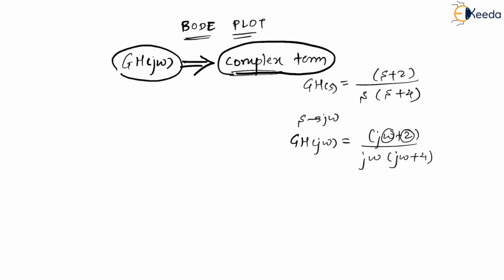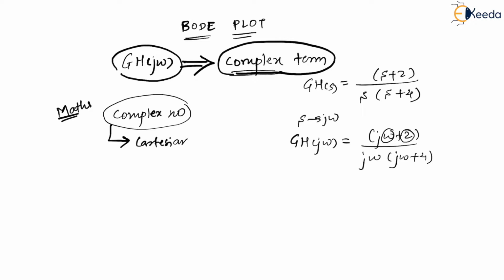Now, if you remember from your mathematics, a particular complex number can be represented in three forms. One is the Cartesian form. For example, if I have a complex number z, in the Cartesian form we write z equal to x plus iy, right?